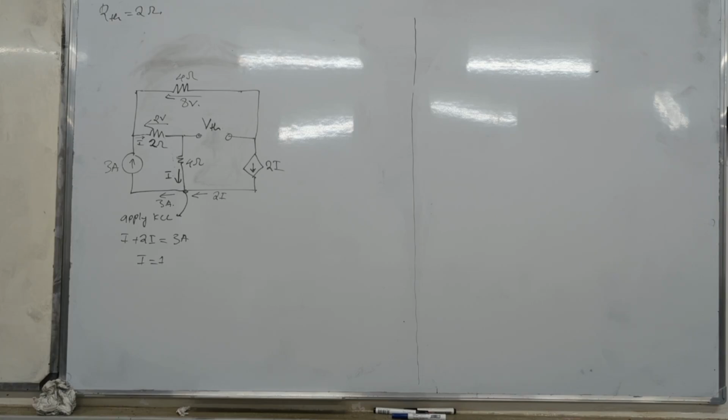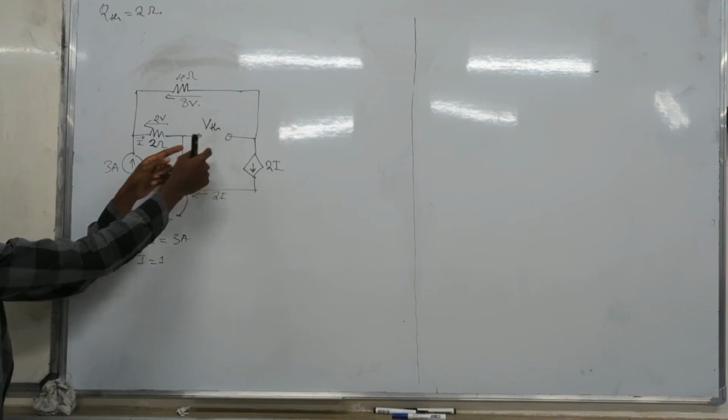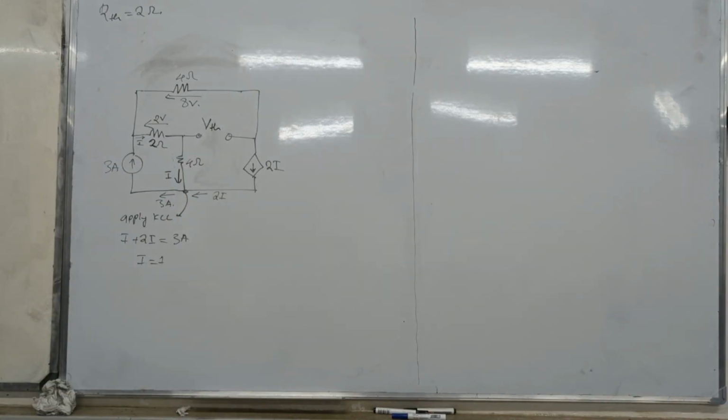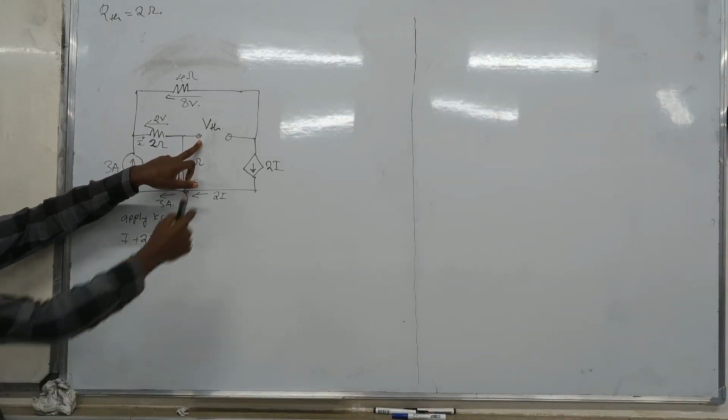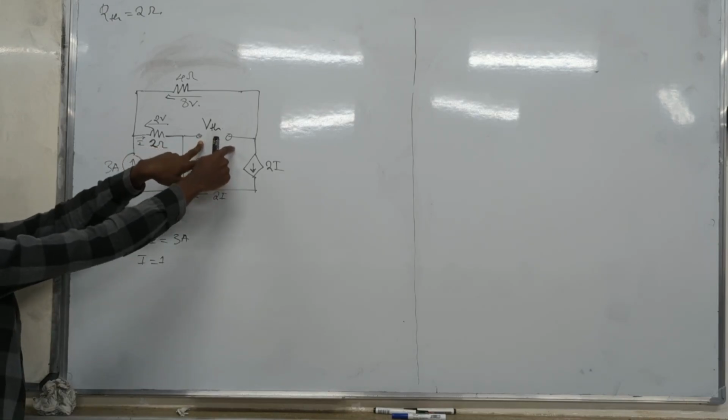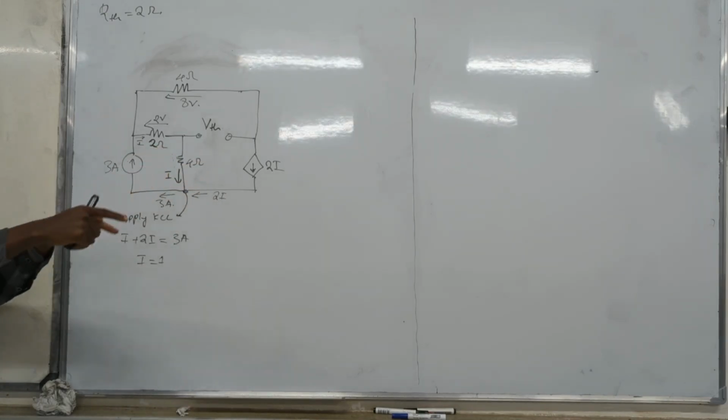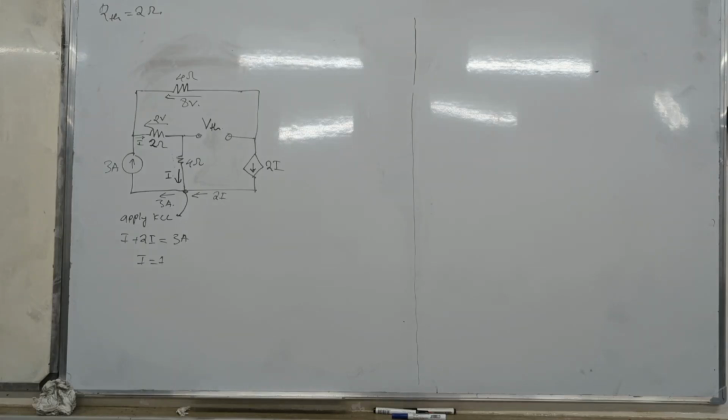We want the voltage between these 2 points. So when getting voltage, the first strategy is you can set some point where you are measuring from, then measure the voltage there and there, then you find the difference. That's the first strategy.